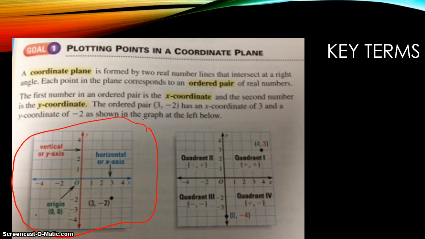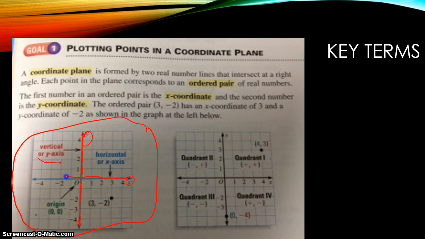But let's look at this graph that I circled. It's very important that you understand that this red line right here is the y-axis. There's this little y right here, but the vertical line on the coordinate plane is the y-axis. And the horizontal line, blue, is the x-axis. Here's this little x right here telling you.